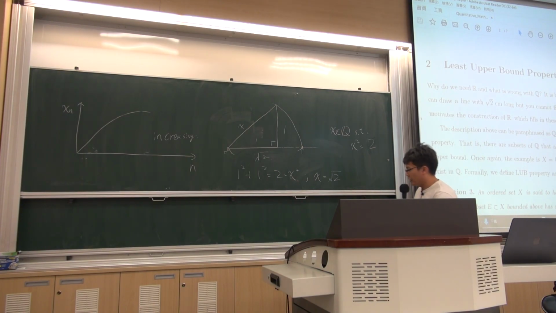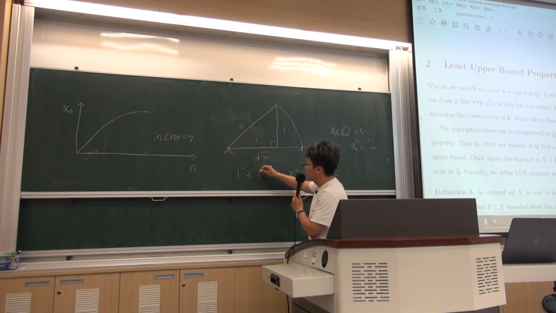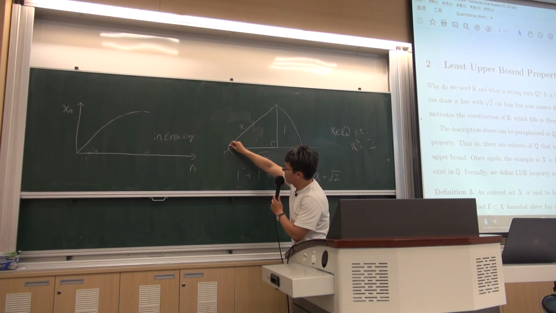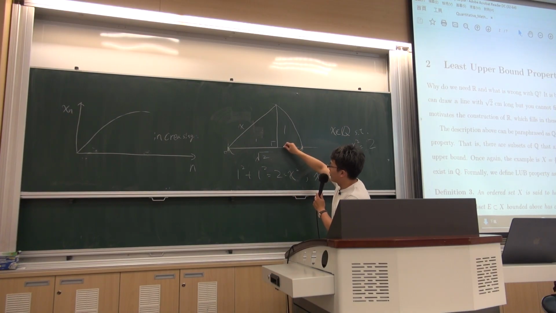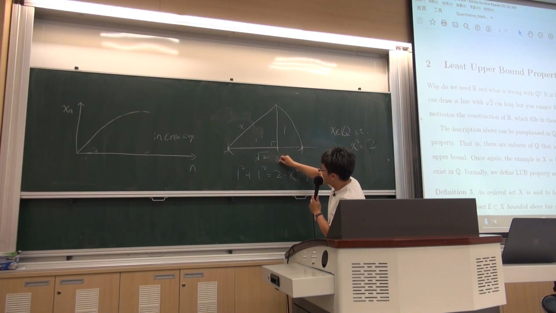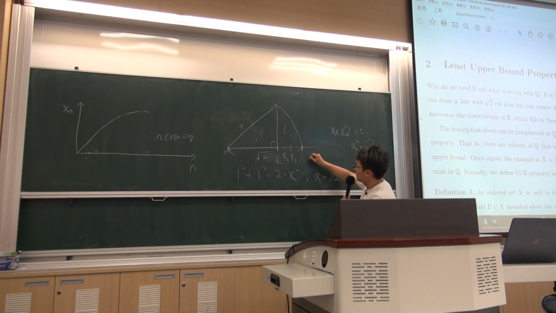And actually, we can construct rational numbers, starting from 1, so this is q1 and q2 and q3, that are all rational numbers, and they keep approaching square root of 2.